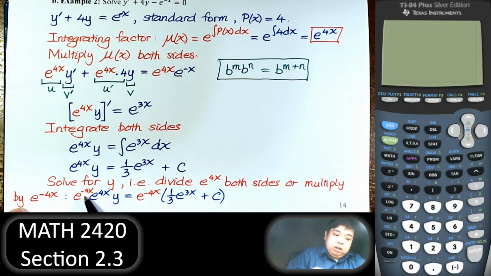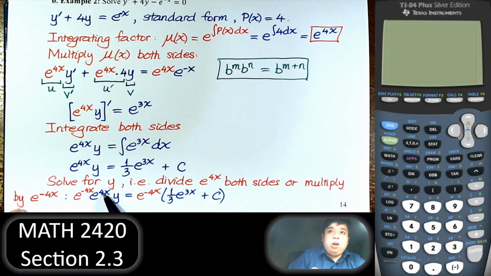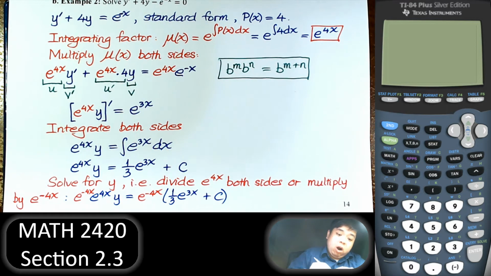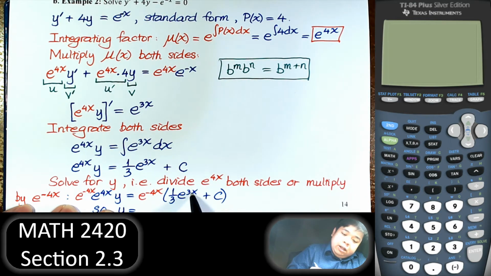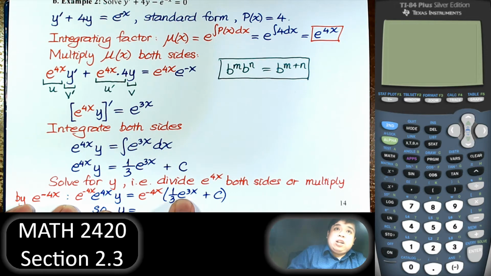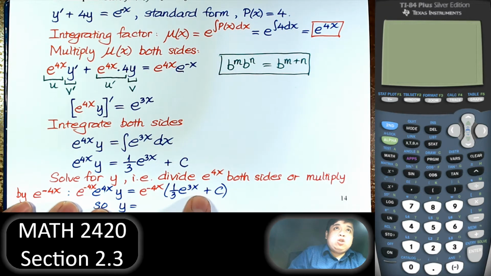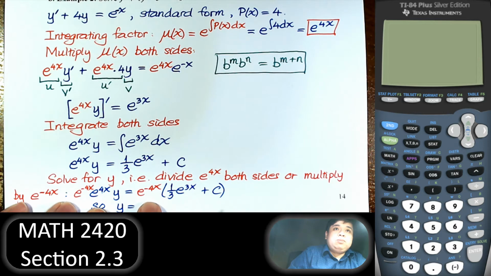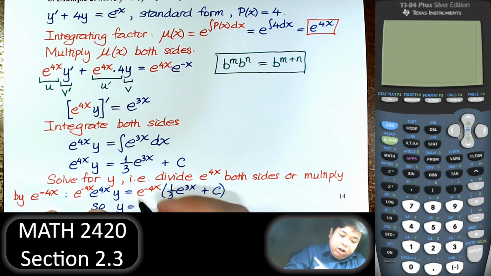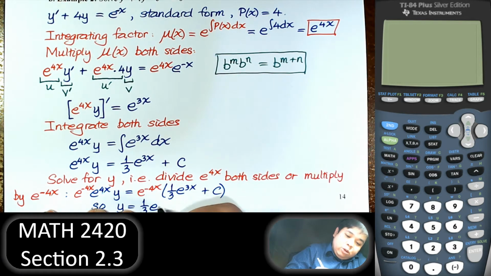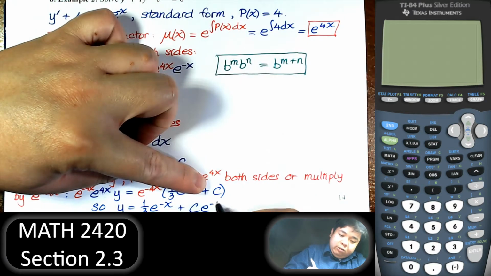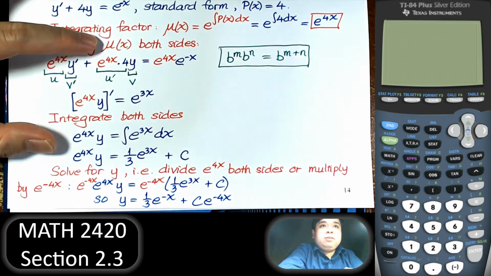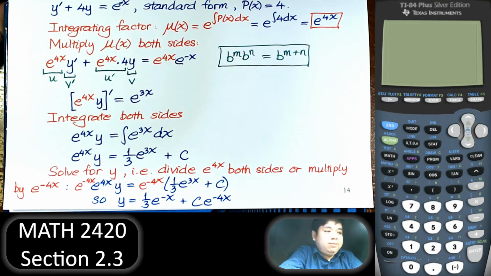We add the exponent, so negative 4x plus 4x is e to the 0 power, which is 1. So we just have y equal to, multiplying these two, we add the exponent, negative 4x plus 3x, negative 4 plus 3 is negative 1, so we have 1/3 e to the negative x plus c e to the negative 4x. Right?